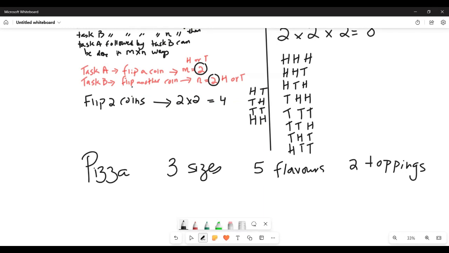Using the basic counting principle, how many options of pizzas do you have? That would be 3 times 5 times 2, 30 options available.